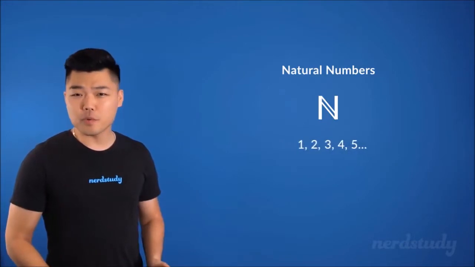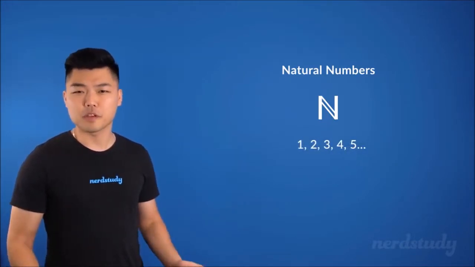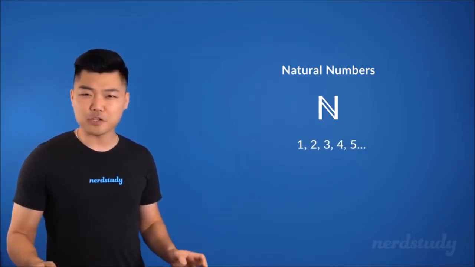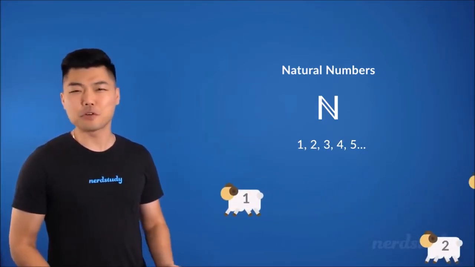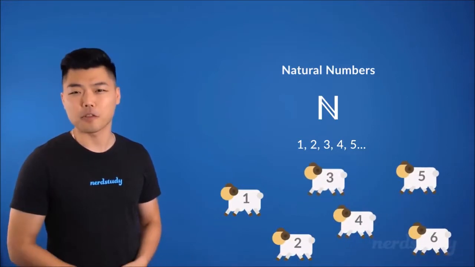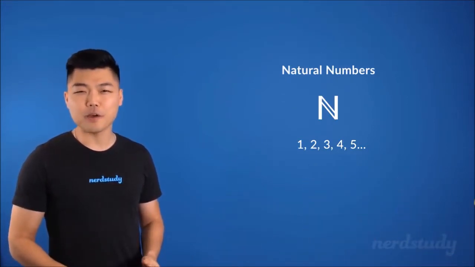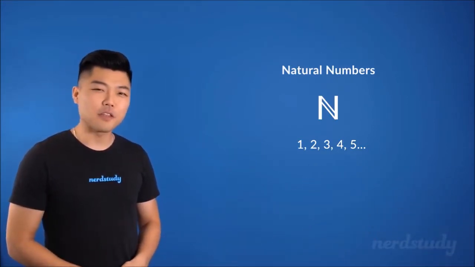So, an easy way to remember this is to think of it like this. We all naturally count things starting from 1, and go on to 2, 3, 4, 5, 6, and so forth. But rarely do we count starting from 0. Therefore, this is the innermost basic classification of numbers.